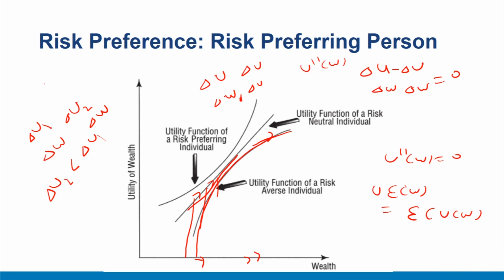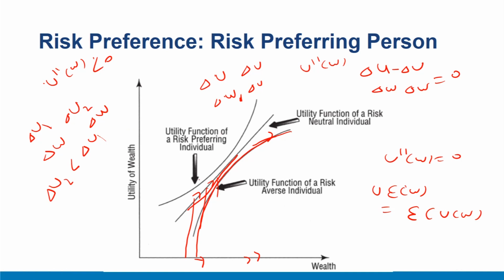That means his double differential of W is expected to be less than 0. And therefore, we arrive at the result that his double differential, or double change in utility of wealth, is negative.